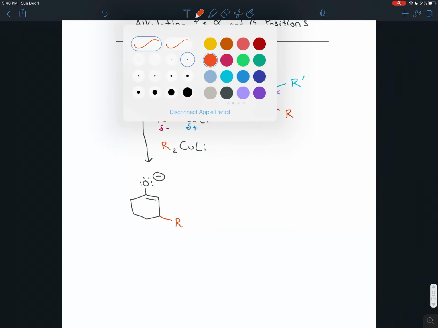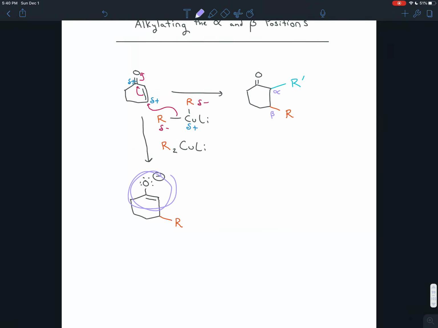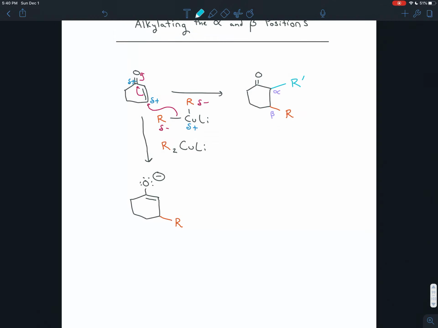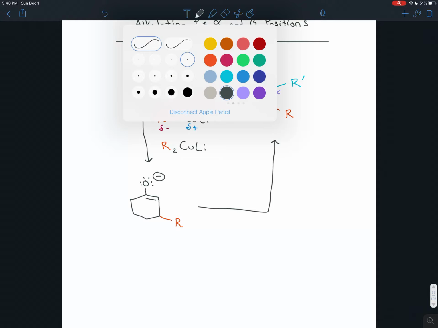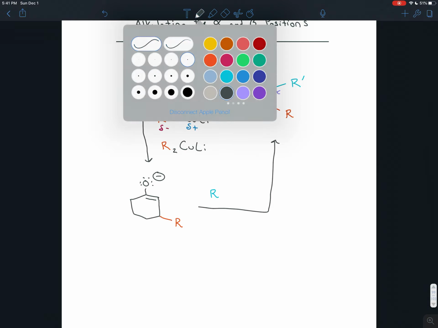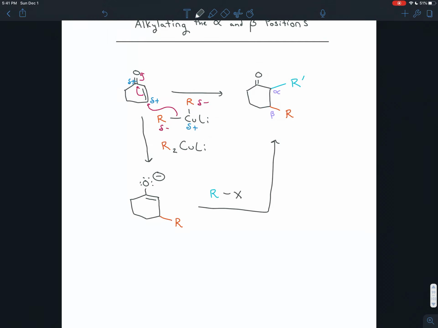Well, notice what we have. We have a nucleophile. This alpha carbon has a pi bond on it, which can function as a nucleophile. So we can take whatever carbon we want and do an SN2 reaction. So for example, let's just have this R group here. It will have a halogen on it as a leaving group.